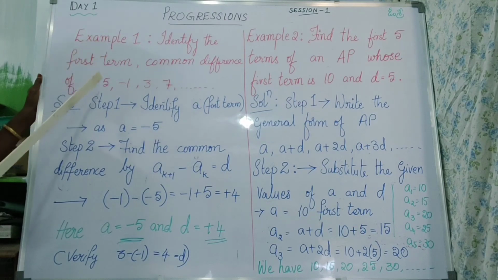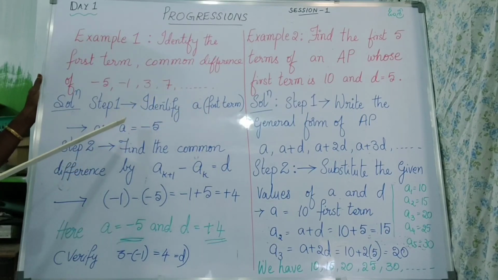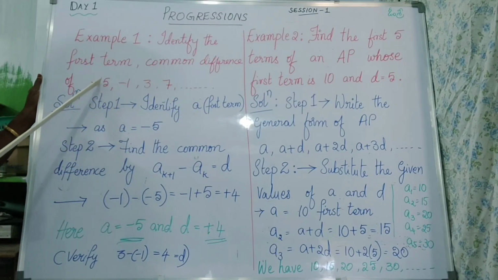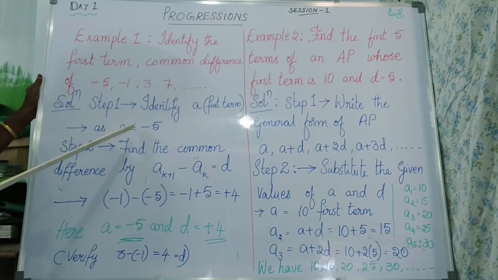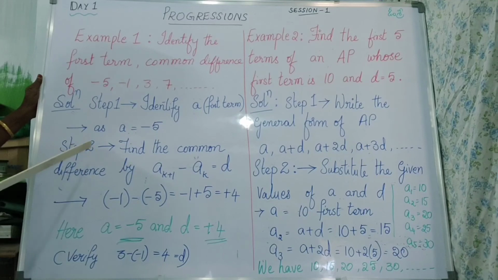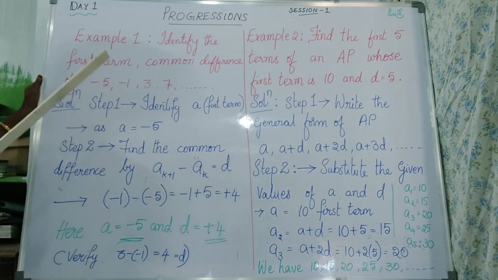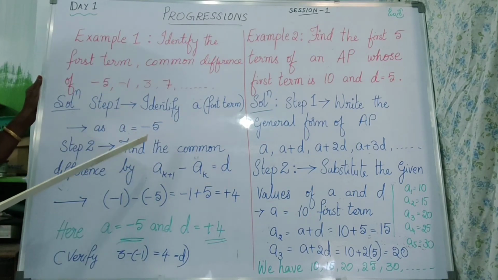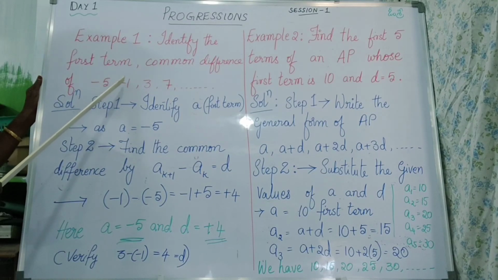So for this, what should be the first step? The first step should be to identify the first term, which is denoted by a. From the given data, it is clearly visible that small a, the first term, is -5. After that, the second step will be finding the common difference. We get it by subtracting the first term from the second term.